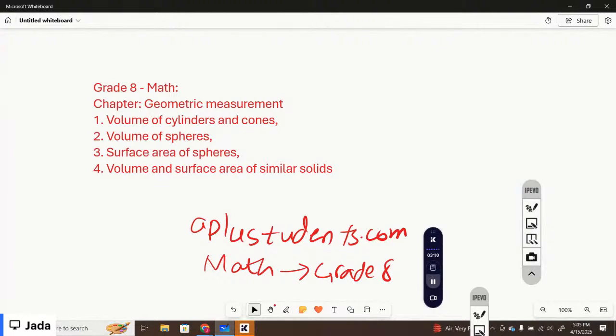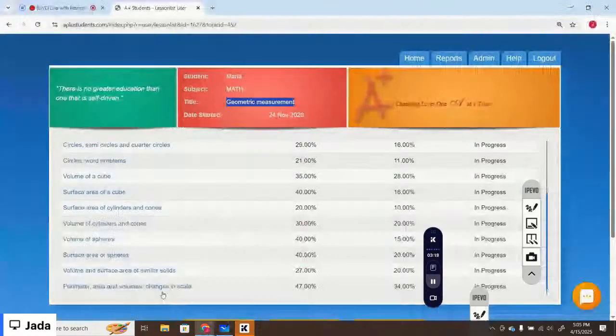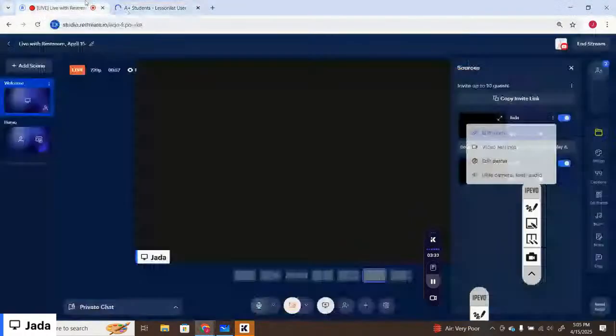So please make sure you have your notebook and pencil so that you can note down the important examples and definitions as well. The chapter we are on right now is geometric measurement. Let's start with the lesson volume of cylinders and cones.